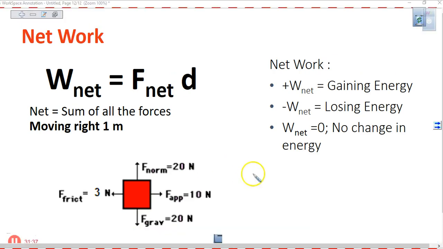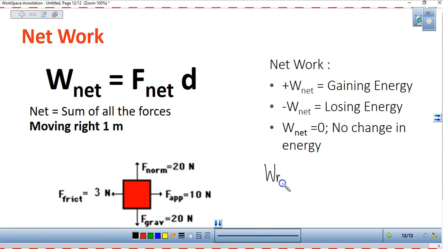So if you want to do the net work, you need the net force. So that would be 7 newtons right. For some reason my pen's not charging, so 7 newtons right. Big R for right. I guess I could sort of write it in there.